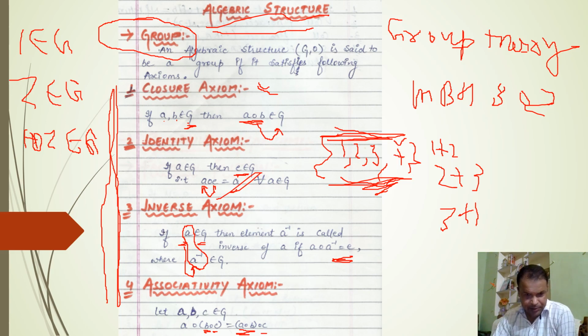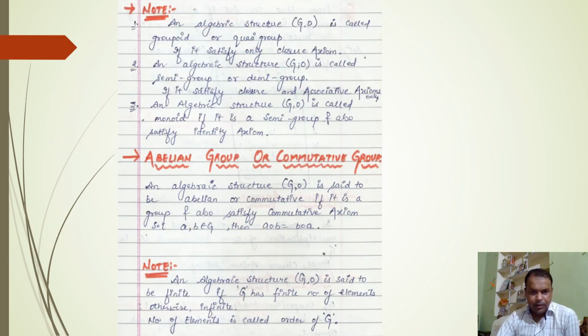This is known as associativity axiom. If an algebraic structure satisfies these four properties, then it is said to be a group. So the conclusion is a group must satisfy these four properties. First is closure, second is identity, third is inverse, and fourth is associativity.